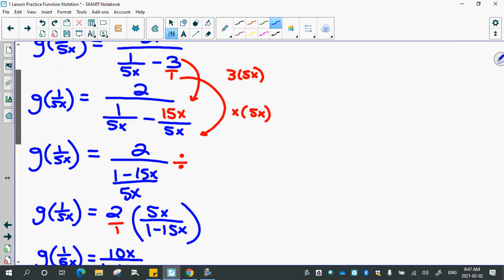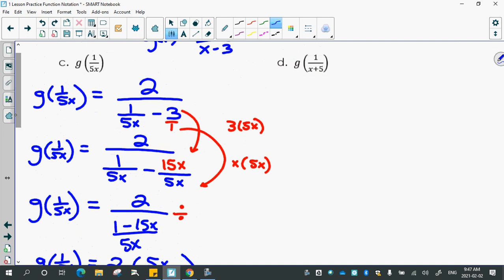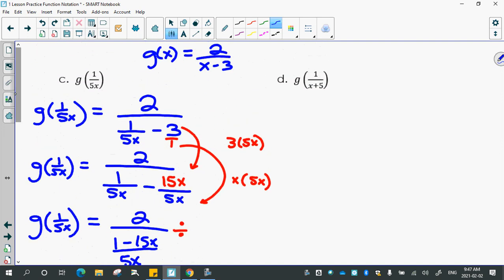And our last one for this morning. Again, the first step is just to replace x with whatever g is at. So it's going to be 2 over, replace x with 1 over x plus 5, minus 3.